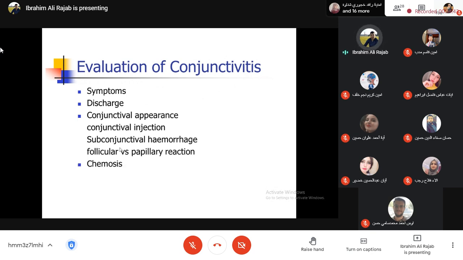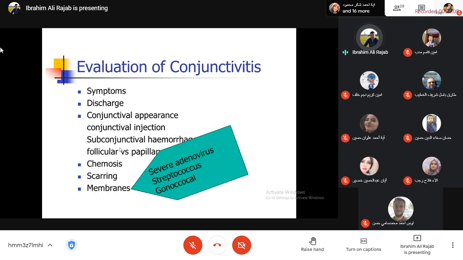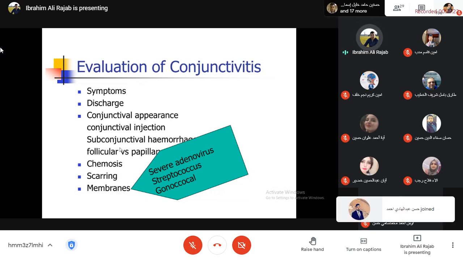Chemosis is a non-specific sign, meaning swelling in the conjunctiva. It may be present with severe conjunctivitis, whatever the cause. Scarring is caused by a chronic inflammatory process such as in patients with trachoma. Membranous conjunctivitis or membrane is an exudate and cellular debris that is attached or just touching the conjunctiva, caused by the inflammatory process.